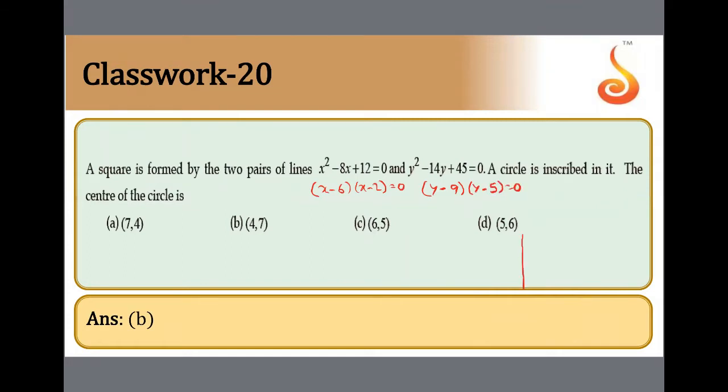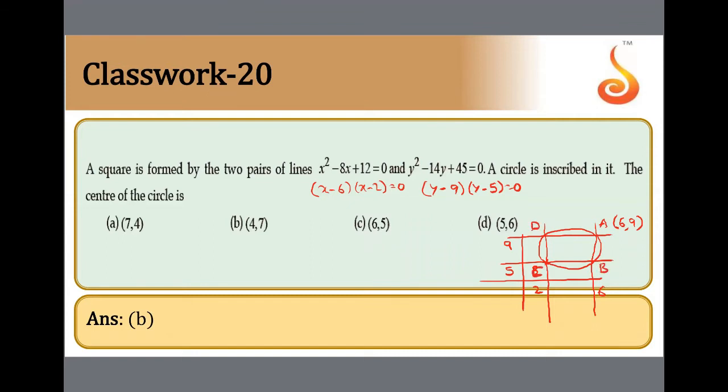It means this is x equal to 2, this is x equal to 6, this is y equal to 5, and this is y equal to 9. So it is concyclic. Obviously, this coordinate A will be 6, 9. Say this is A, B, C, and D.